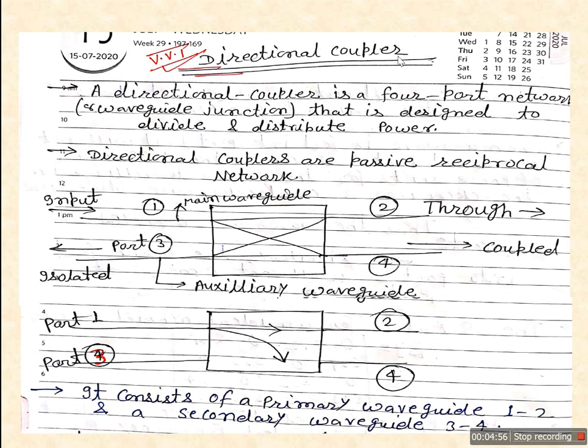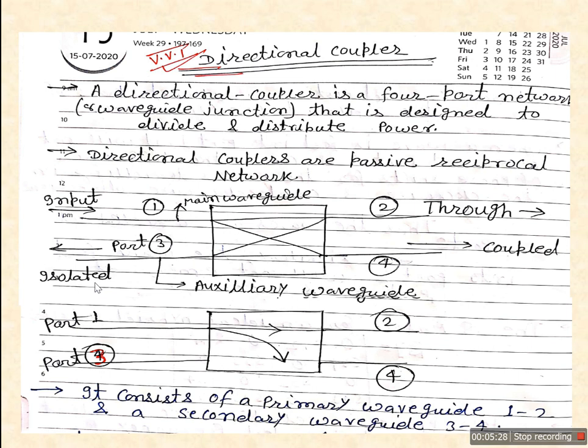Directional couplers are represented like this or this, which consist of a primary waveguide and a secondary waveguide, 1 to 2 and 3 to 4. Somewhere 1, 2 and 3 are here, 4 is here. Then I will tell you, do not just go with the numerical labels 1, 2, 3, 4. I will put the values in terms of the input port, throw port, coupled port or isolated port.